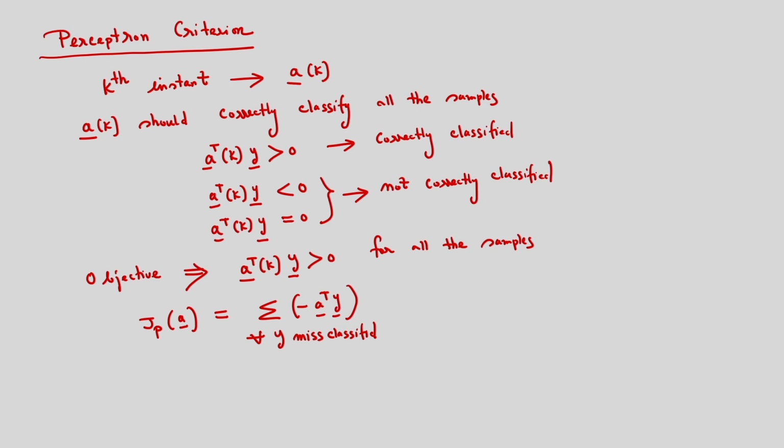I am repeating this: if a sample is misclassified, a transpose y is negative and minus a transpose y will always be positive or maybe 0. This is the condition. Now I have to take the gradient of this. So the gradient with respect to a of Jp(a) is equal to summation of minus y, for all y which are misclassified.